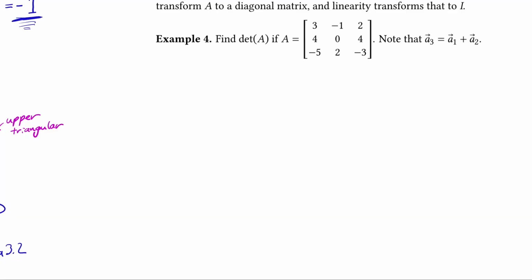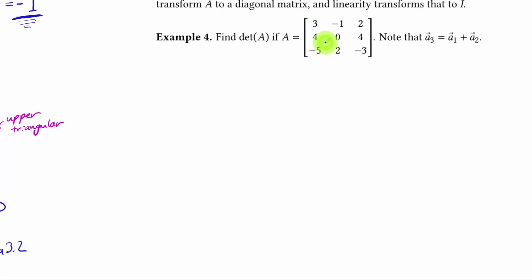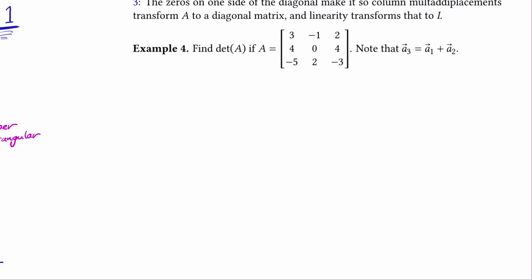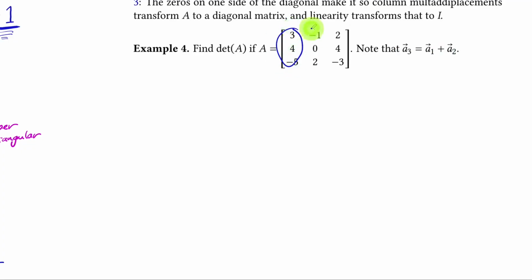Now, this is definitely not an upper triangular matrix because these are non-zero here, and it's not a lower triangular matrix because these are non-zero here, but this is a non-invertible matrix. We do have linearly dependent columns because if you do column 1 plus column 2, you'll get column 3.